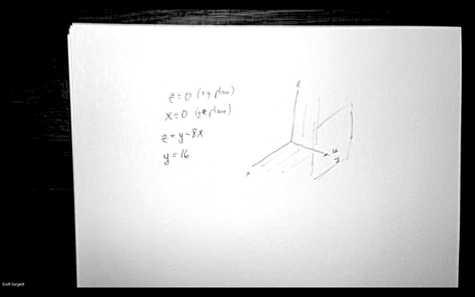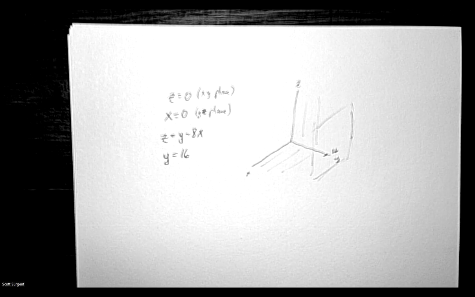We know that y equals 16 is a plane, and I've drawn it in like this, and then we have z equals y minus 8x. Let's see if we can figure that out. That's going to be an interesting one.